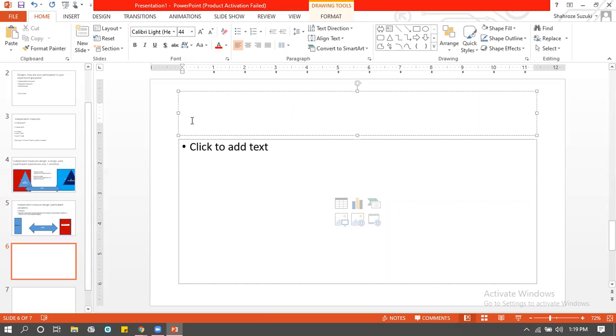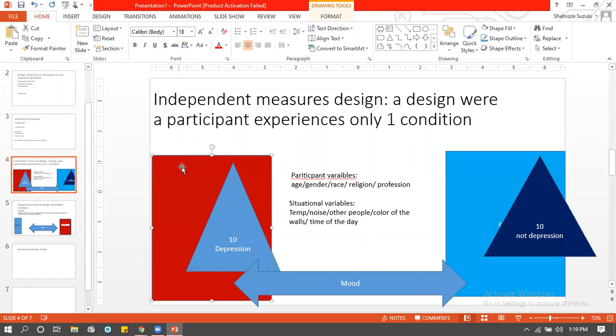All right. So when we are done with independent measures design, we have another concept called repeated measures design. Let's suppose we're running with the same concept of temperature and its impact on people, right?